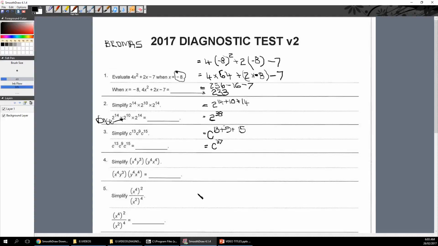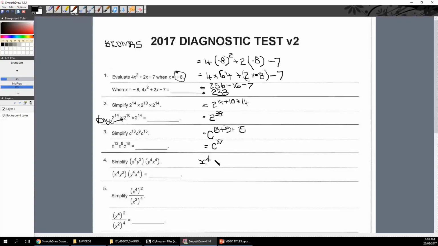Okay, now this next one here again is to simplify that. Now we've got x's and y's multiplied together. Now the brackets there, so we can just rearrange these, because only the bases are the same.